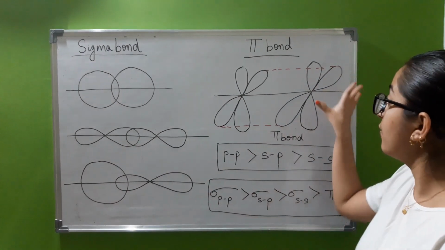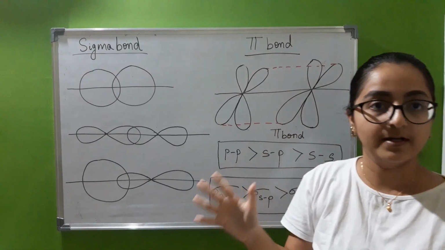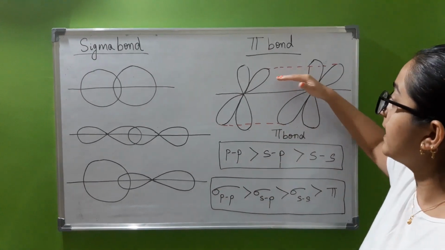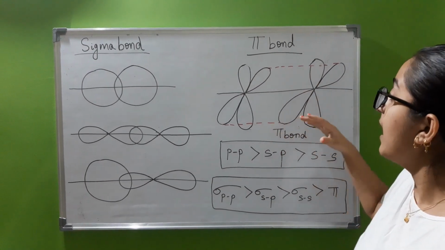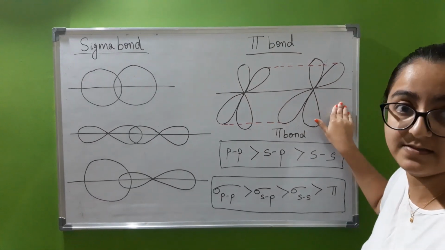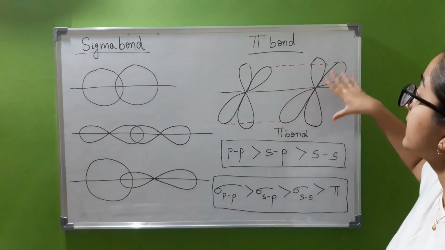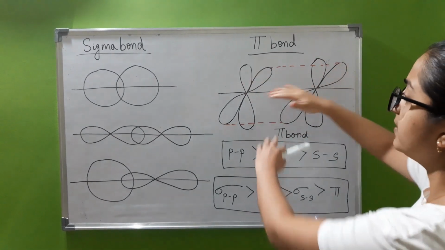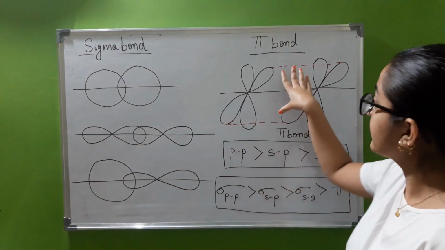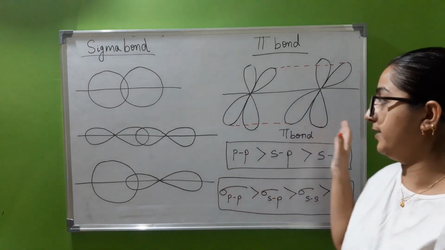So this orientation gives it a different bond, which is known as a pi bond. Here the electrons involved in bonding are present below and above the internuclear axis, making the electron cloud pretty much delocalized throughout the molecule. Hence, these electrons are pretty much mobile and are involved in bonding.